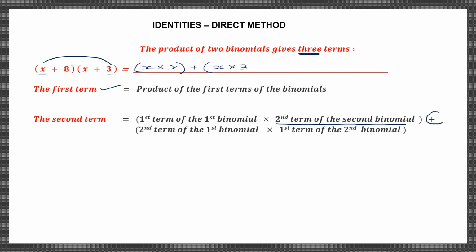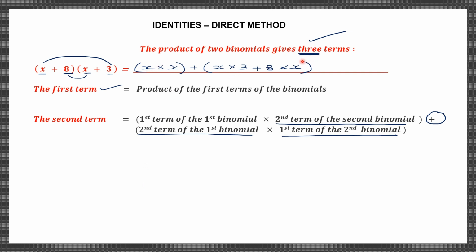Then look at this one. It's plus the second term of the first binomial, that is 8, and the first term of the second binomial, that is x. That means multiply these two. So that will be plus 8 into x. So this is the second term. We have to get three terms. Now we've got the first term, we've got the second term.